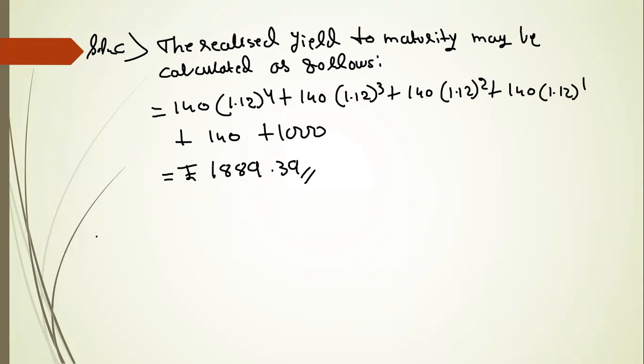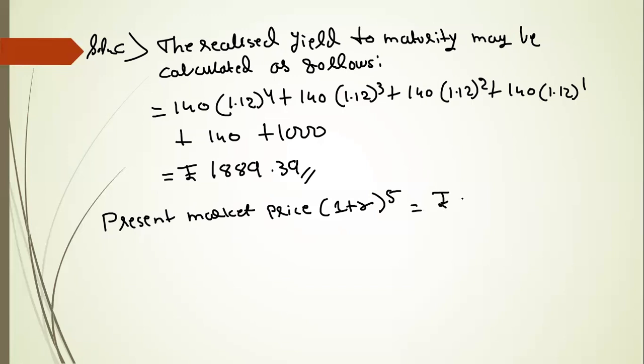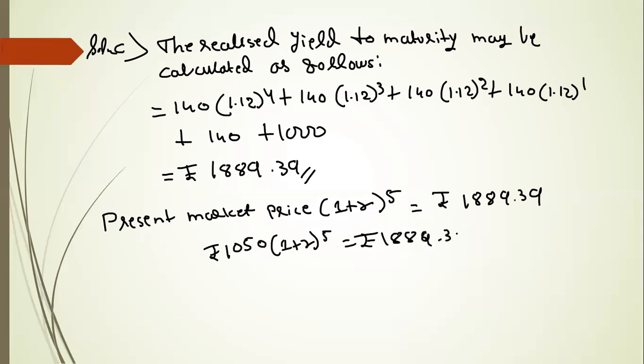So we use the present market price, that is, 1 plus R to the 5 years into the market price, present market price is equal to the terminal value, which we know: 1889.39. So we know the present market value, that is rupees 1050, and 1 plus R to the power 5 is equal to rupees 1889.39.